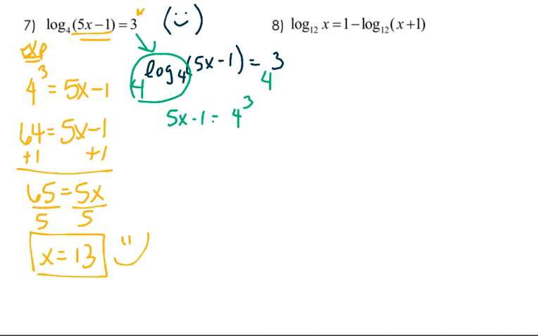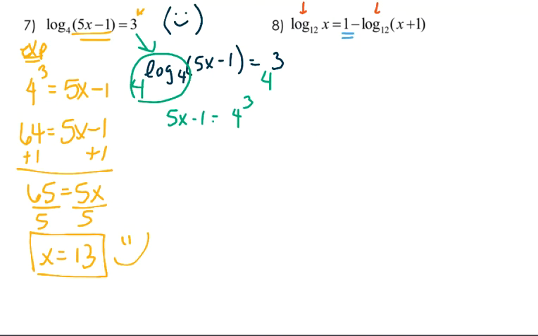You might look at this and think, oh, there's a log on both sides, and it really does look like that. Log, log. But there is this one right here that does not have a log. So what I'm going to do is put my logarithms together and go from there.